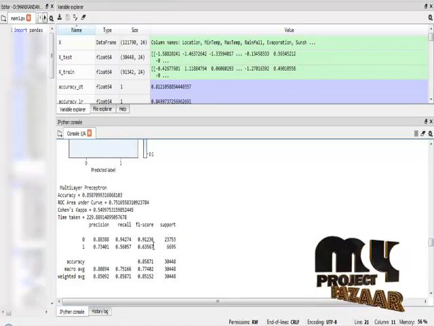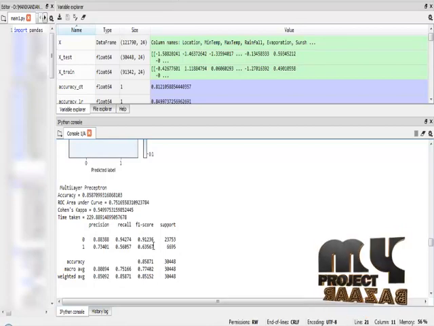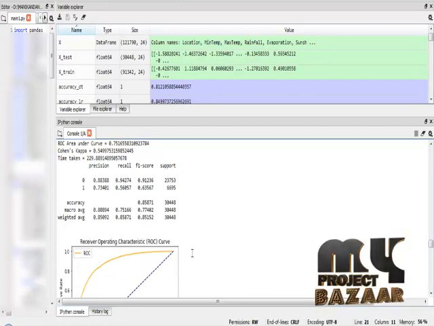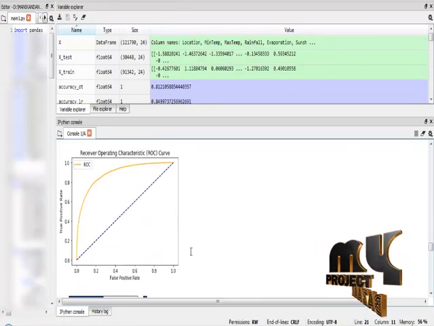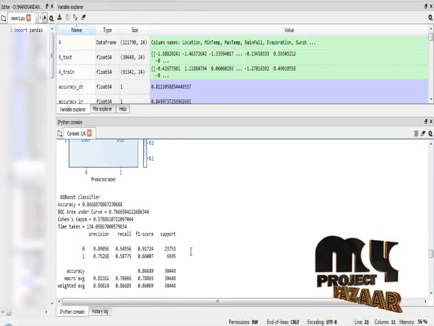So it will train the data for 500 different iterations, and it takes time to classify the result. And this is the classification report for the MLP algorithm, this is the ROC curve, and this is the confusion matrix for the MLP algorithm.